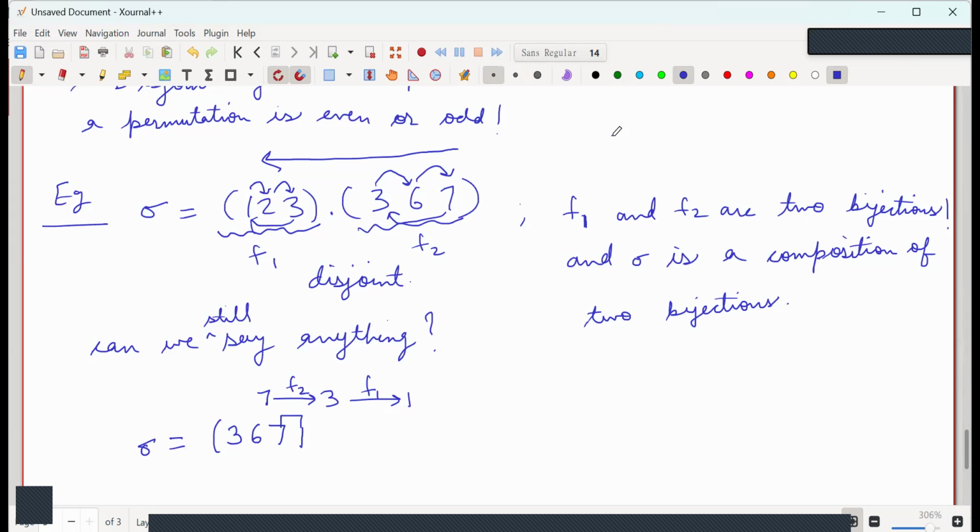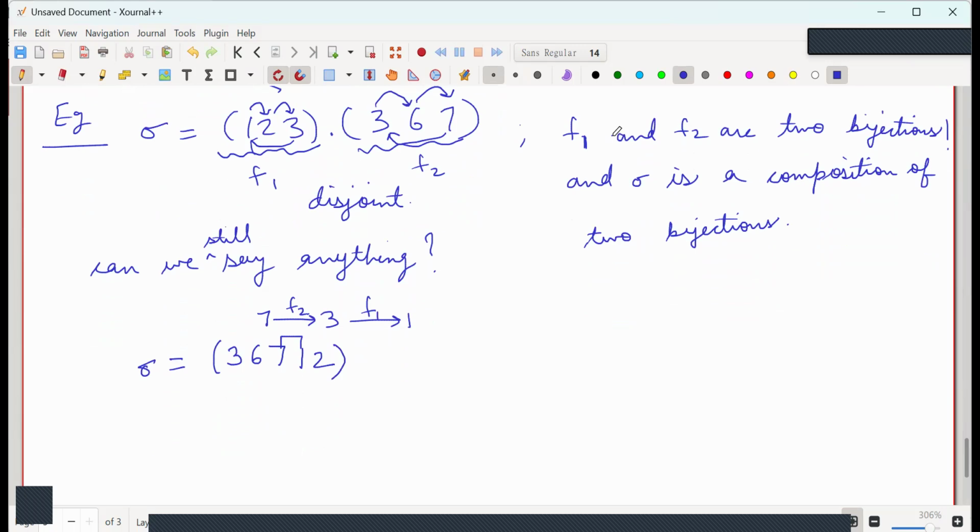Okay, this is a tricky part. Again, if we start with 1, 1 is not here, so this bijection doesn't do anything on the symbol 1, but this one is mapping 1 to 2. So 1 will be mapped to 2. And here 2 is not mapped anywhere, but 2 is mapping to 3. So 2 is mapping to 3. Now we can close the cycle, right?